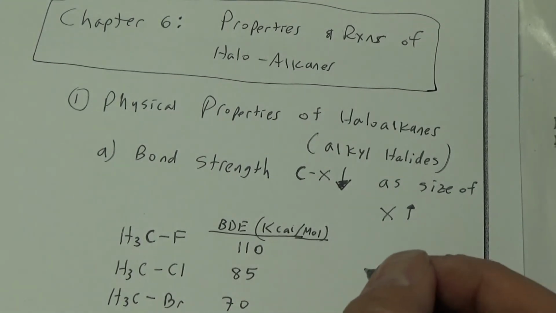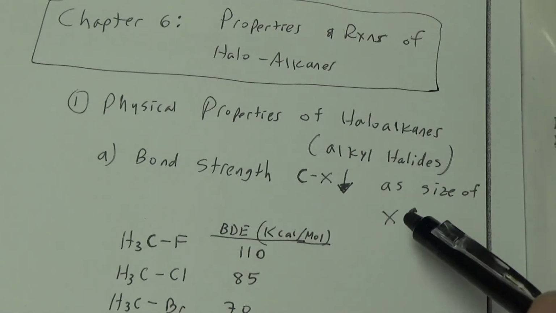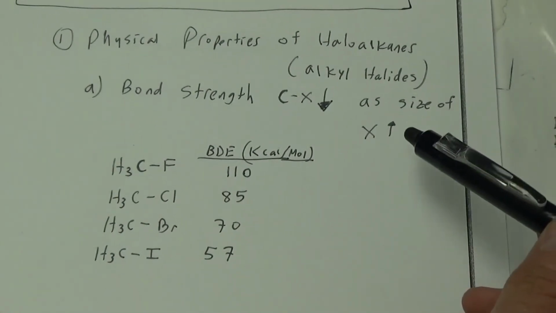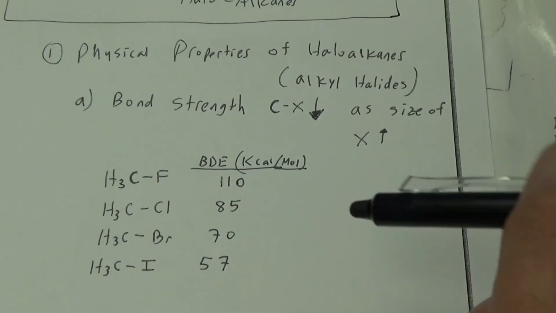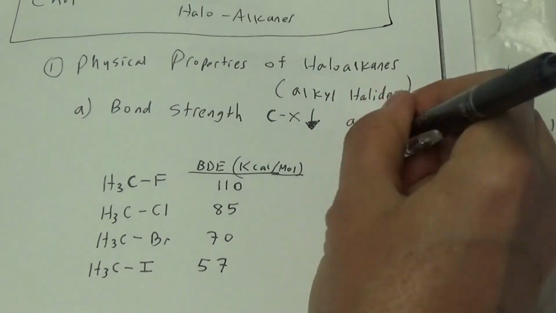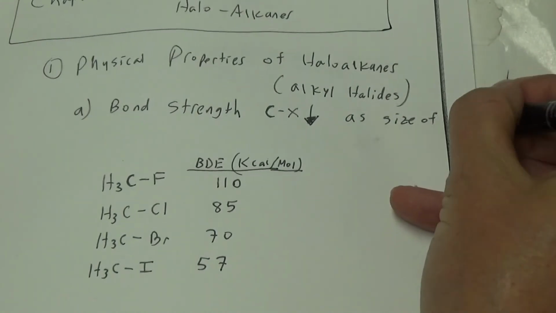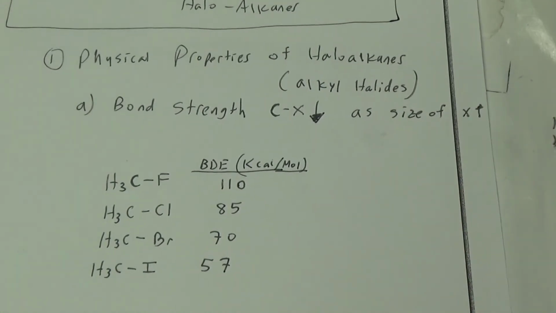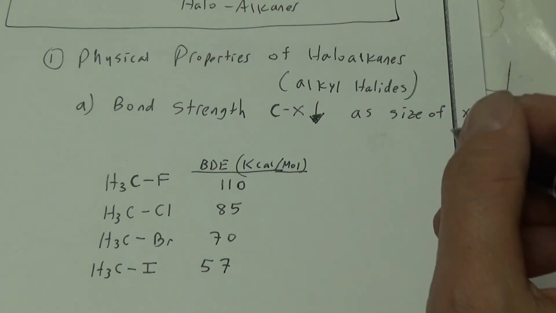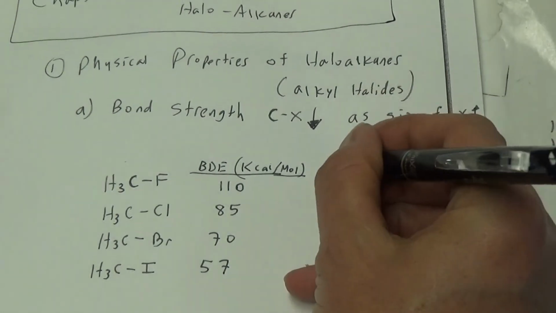All right, and then I'm going to erase the X here just to make some space. Maybe I'll write it over here. Size of X. X increases, right? And I'm going to write outer shell of X here.